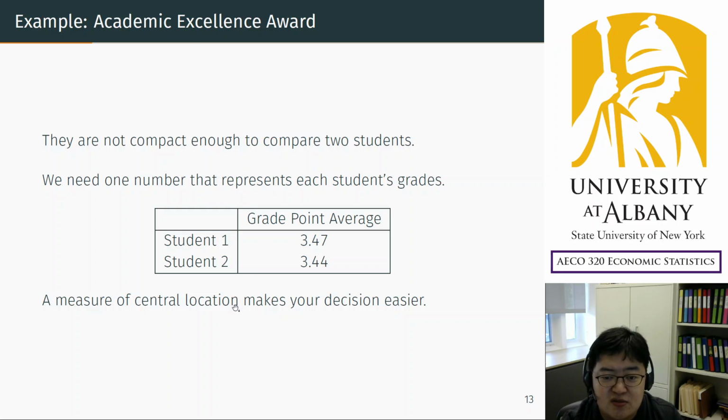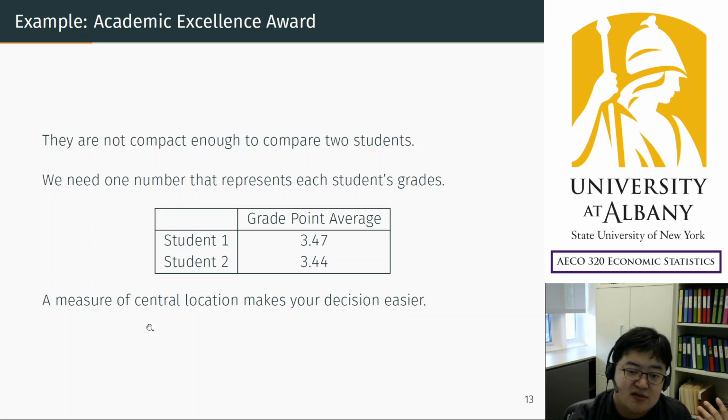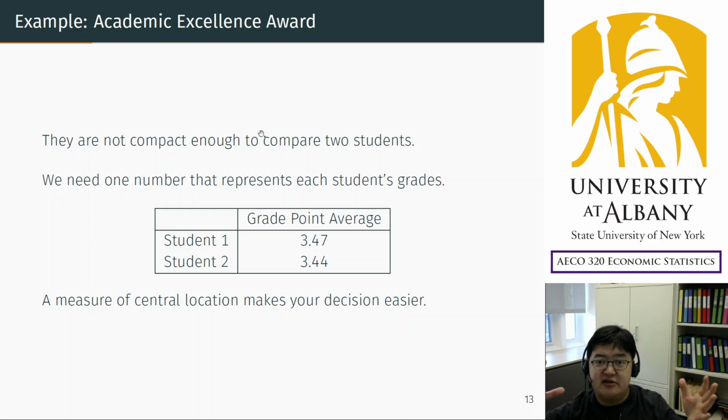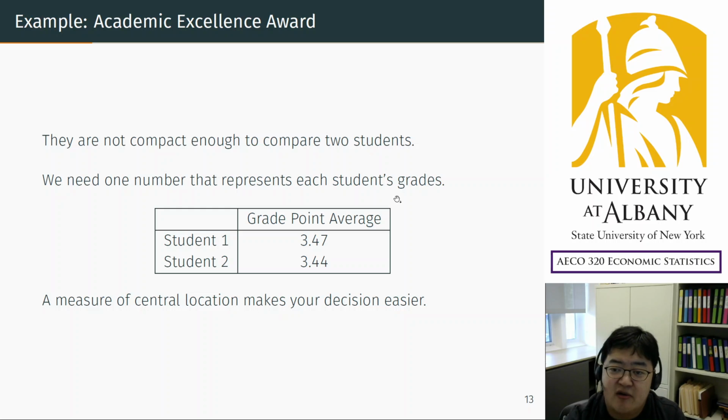We are going to extend our concept from the average to a measure of central location. The average captures the location, the representative value, or the center location of the grade distribution.